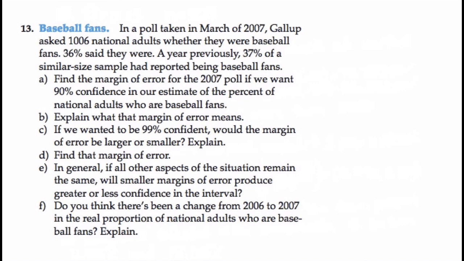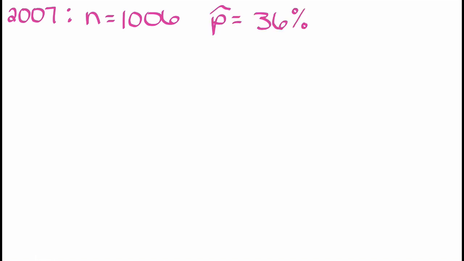In general, if all other aspects of the situation remain the same, will a smaller margin of error produce greater or less confidence in the interval? Do you think there is a change from 2006 to 2007 in the real proportion of national adults who are baseball fans? Explain.